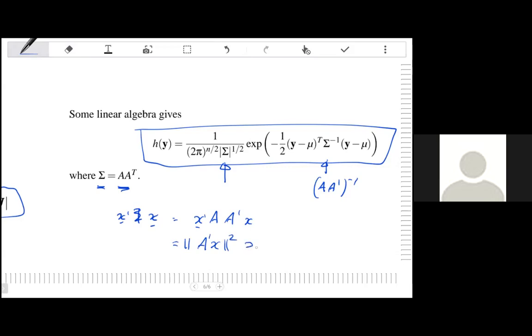And this number is always greater than or equal to 0. It's only 0 if A prime x is 0, but A is not singular. So this is equal to 0 only if x is 0. This is greater than 0 if x is not equal to 0. So what this means is that sigma is positive definite. So we only have the multivariate normal distribution in the cases where sigma is positive definite. We may discuss later what happens if it's not, but it's not really interesting. So this is enough for everything we do.